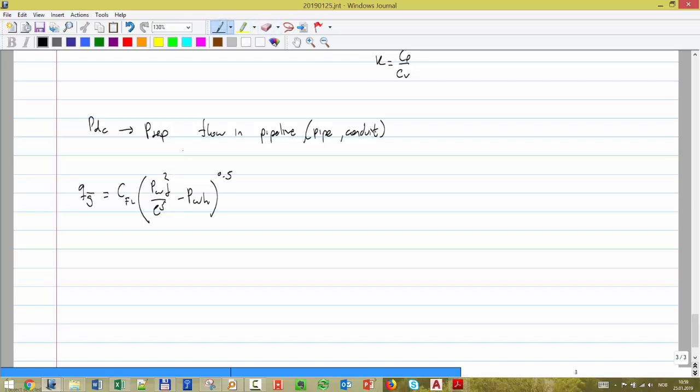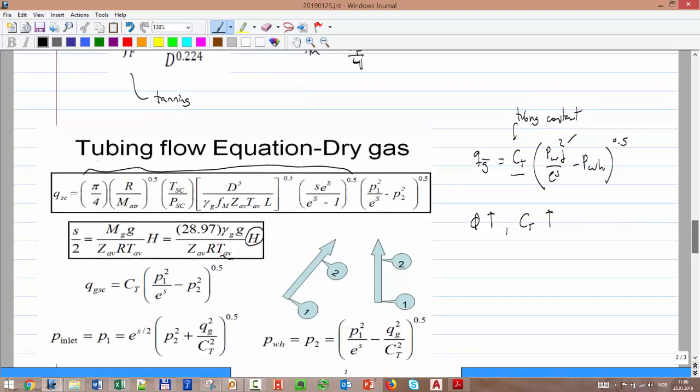What happens if it is a horizontal line? How is the equation changing? What happens with S, if you remember the definition of S? S has the H, which is the height difference, right?